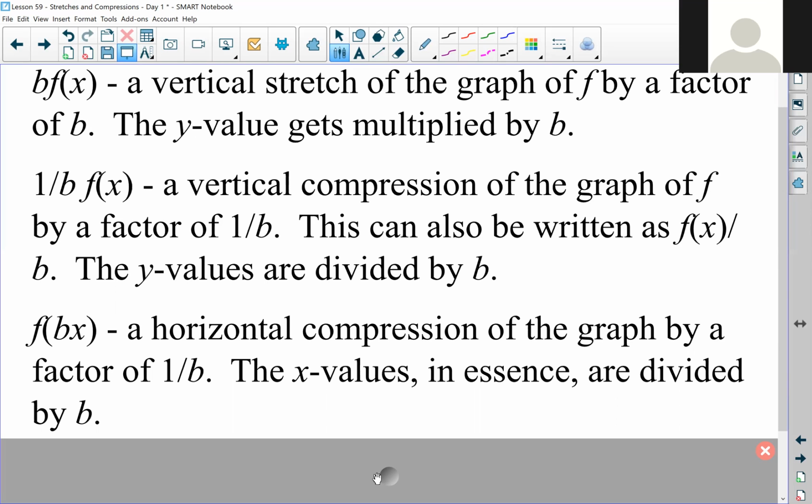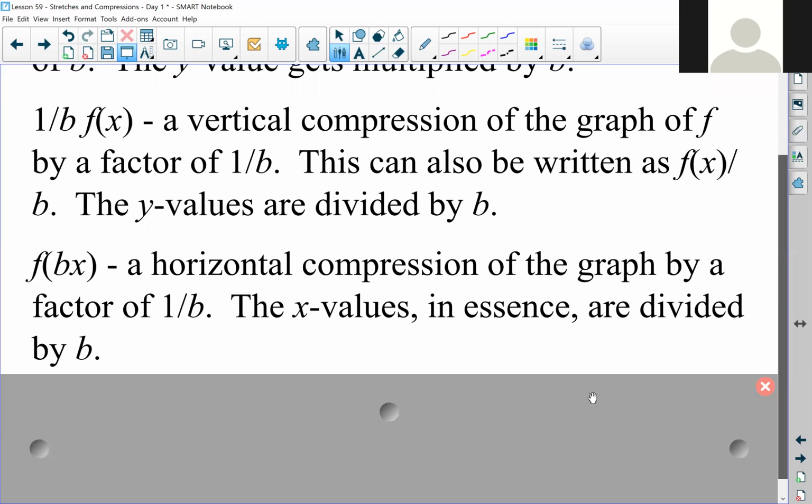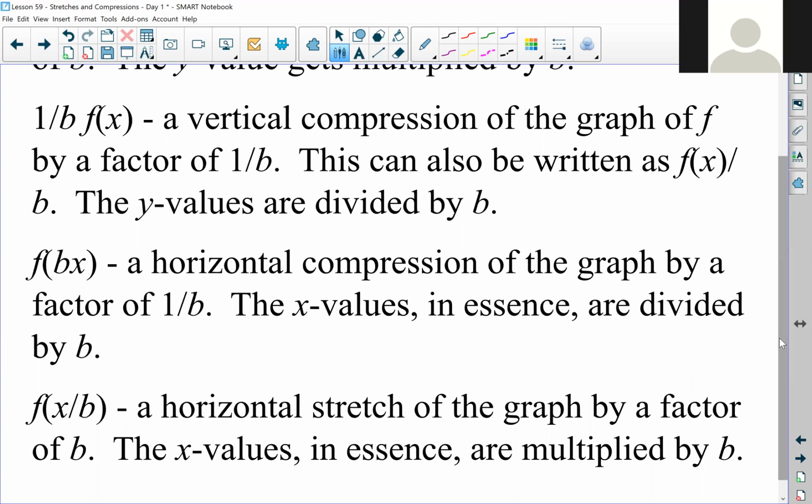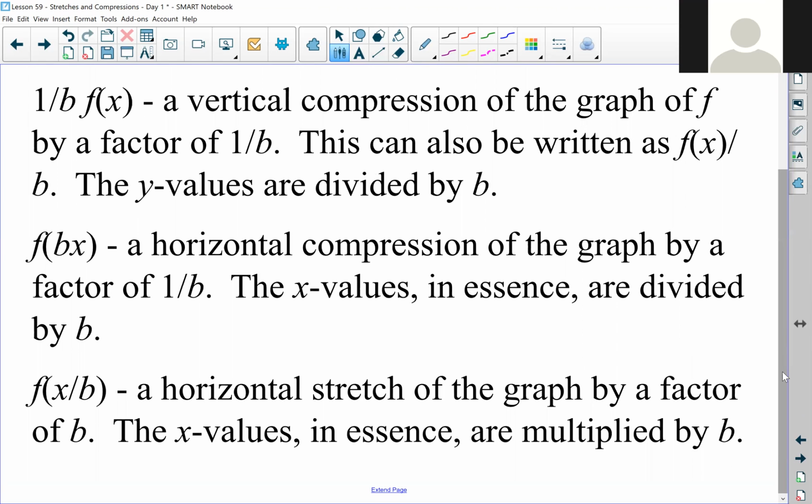In a horizontal compression, you're changing the x values, but they're pretty similar. And then we could have a horizontal stretch, which would be f of x divided by b.